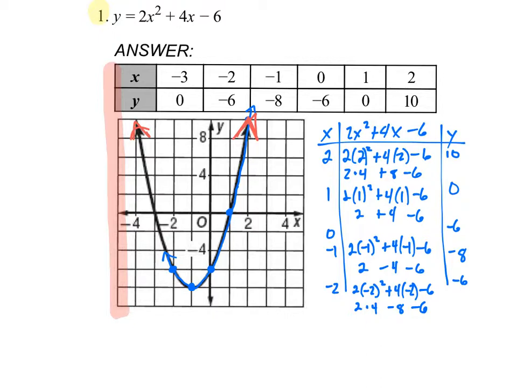Now, we have a couple of ways that we're going to write our domain and range. Domain is often abbreviated just to D. One thing that we could do is write the all real numbers symbol, which is the funky R. Today we're going to talk about a new way of writing it. It's called interval notation, and this notation uses infinity symbols. We're going to go from negative infinity to positive infinity.